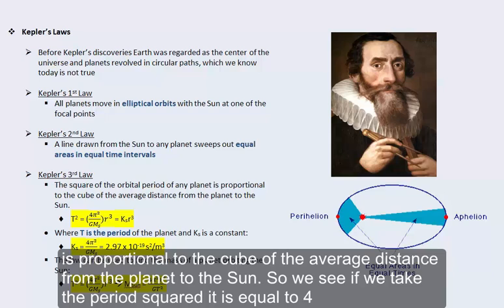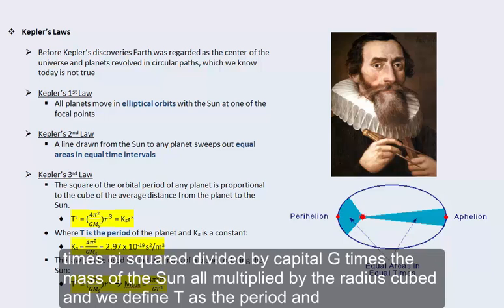So we see the period squared is equal to 4 pi squared divided by capital G times the mass of the Sun, all multiplied by the radius cubed.